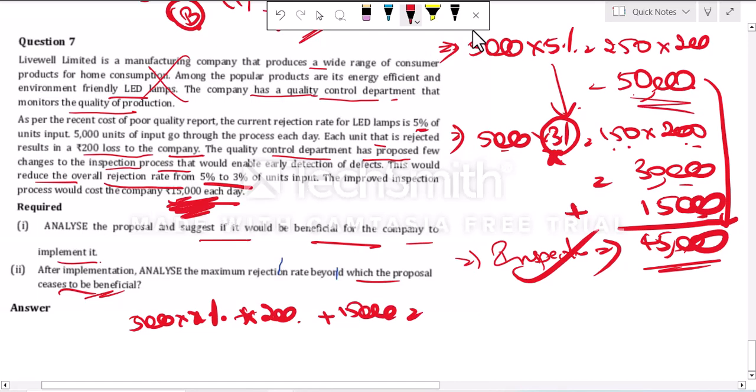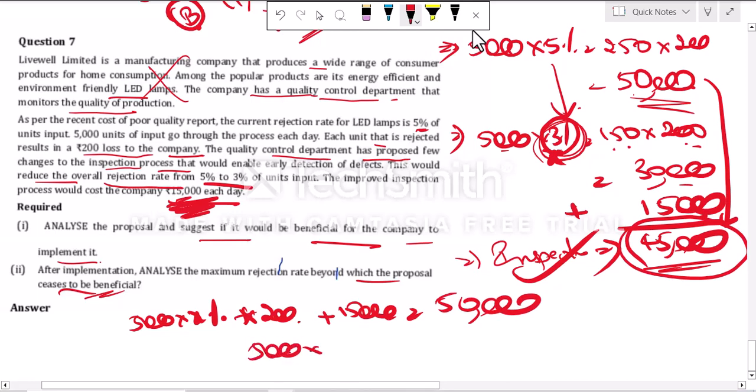Here 45,000 came because we know this 3%, but we don't know this, no. So maximum, how much can we incur here? 50,000. So 5,000 into 200 into X% equal to 50,000 minus 15,000.